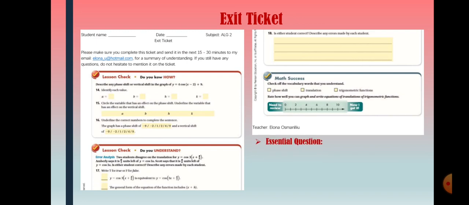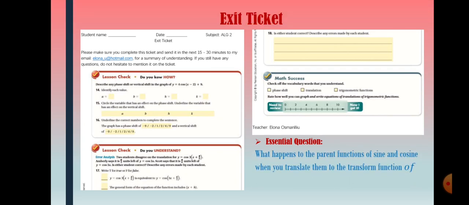But right now, I want to go back to our essential question. Sorry, guys. Our essential question was, what happens to the parent functions of sine and cosine when you translate them to the transformed function of y equals a sine b x minus c plus d, or y equals a cosine b x minus c plus d?